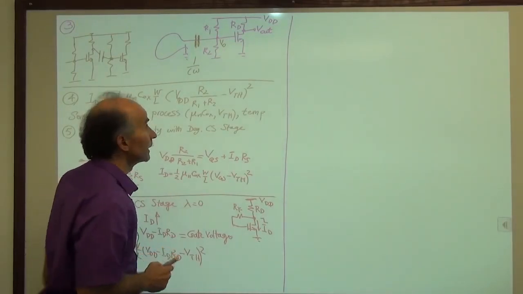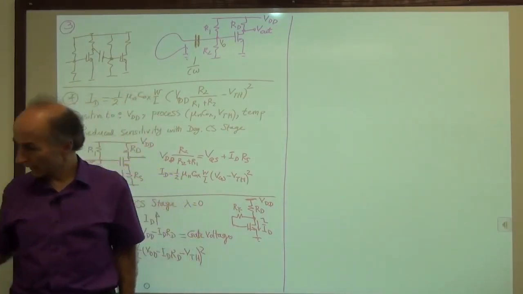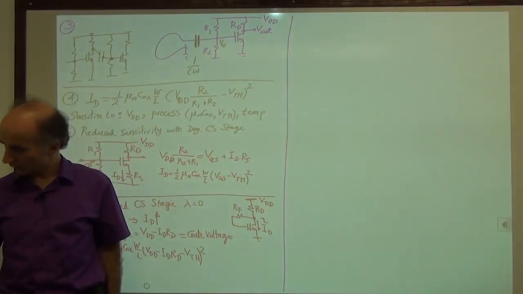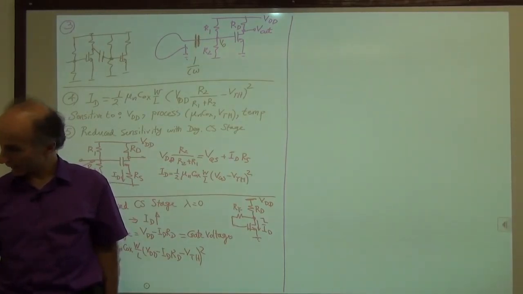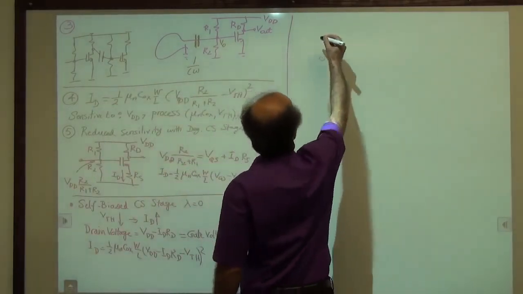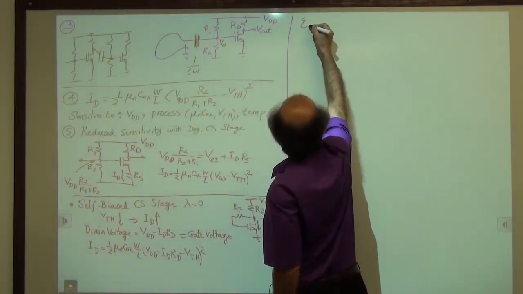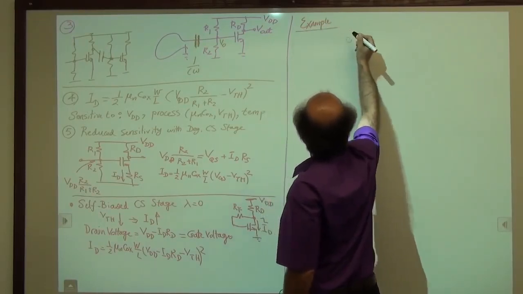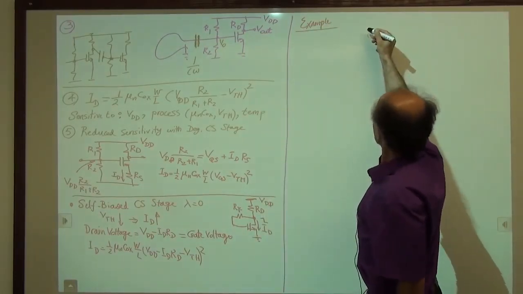Okay, so let's look at one example of circuits that we can analyze here. All right, so let's look at an example. And let's suppose we have something like this.